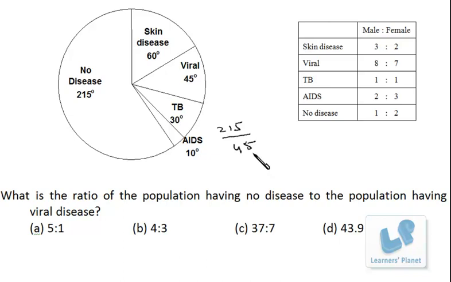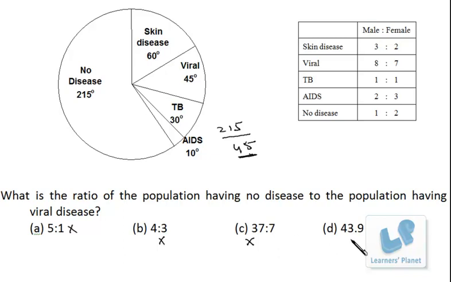Now just look at the options. We have 45 in the denominator and 215 in the numerator. So this option cannot be correct because it's not 5 times. Even this option cannot be correct because the numerator is not multiple of 4. This option further not correct because the denominator is not multiple of 7.